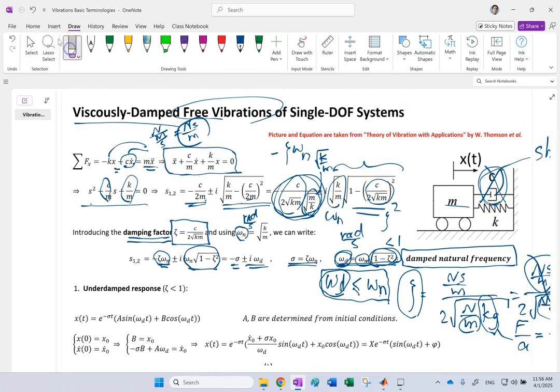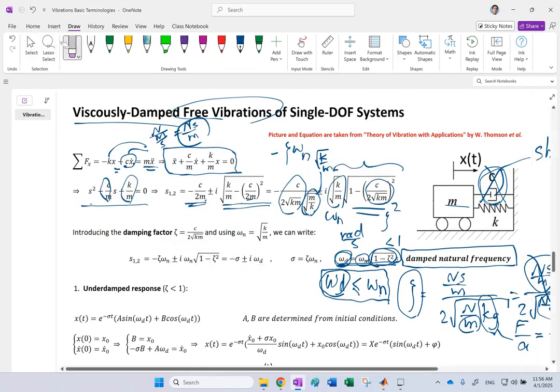So if we go back and look at the different scenarios based on these roots, scenario 1 is when under this square root is positive. So 1 minus zeta squared is positive, so the roots are actually complex numbers. Well, under what condition is 1 minus zeta squared bigger than 0? When zeta is less than 1. When zeta is less than 1, then you will definitely have 2 complex roots, negative sigma plus minus i omega d.